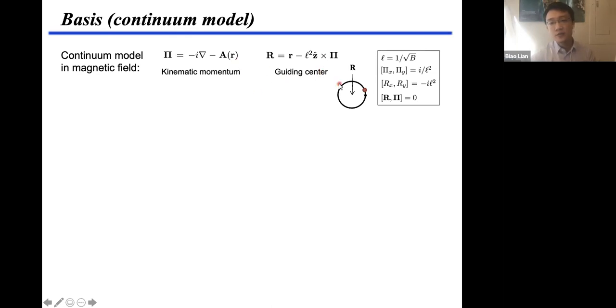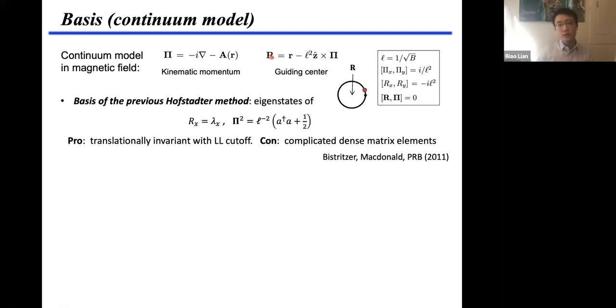Semi-classically, the electron is doing circular orbits in a magnetic field, and the center of this circle is defined as the guiding center. These two operators commute with each other, so one could use them as the quantum numbers of the eigenbasis.